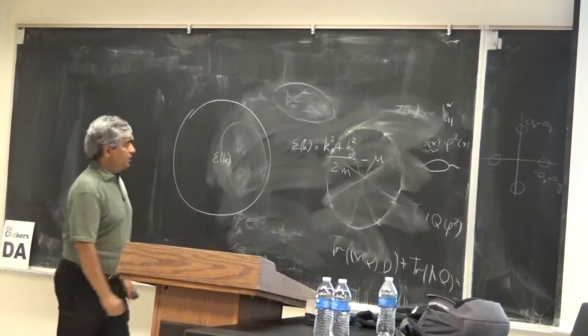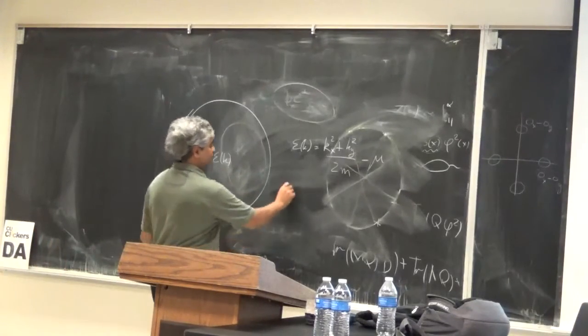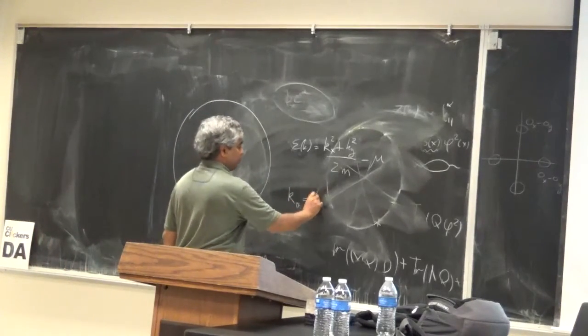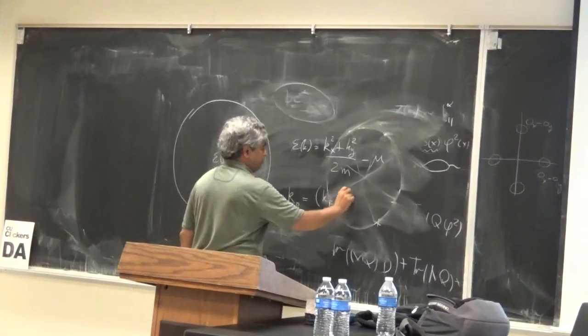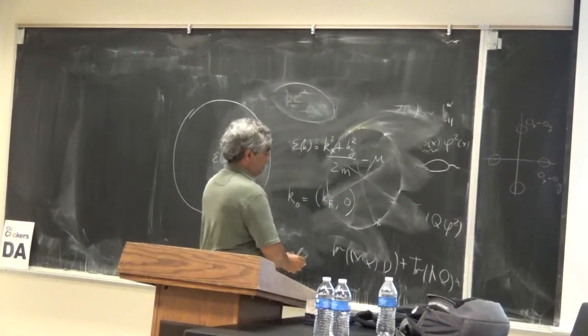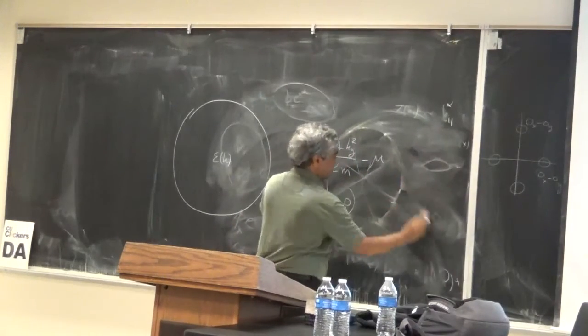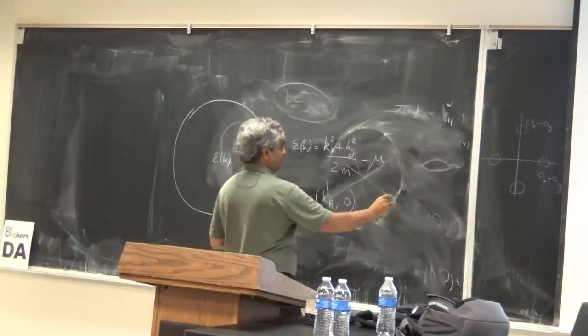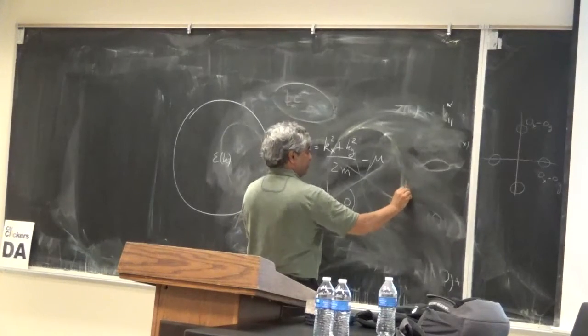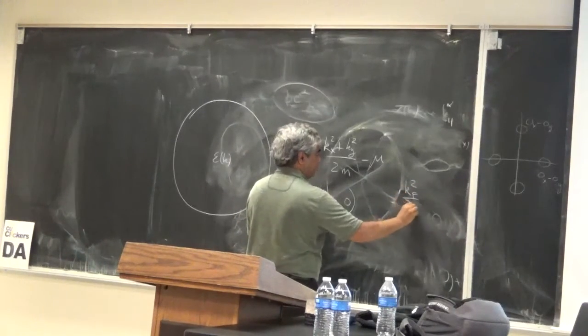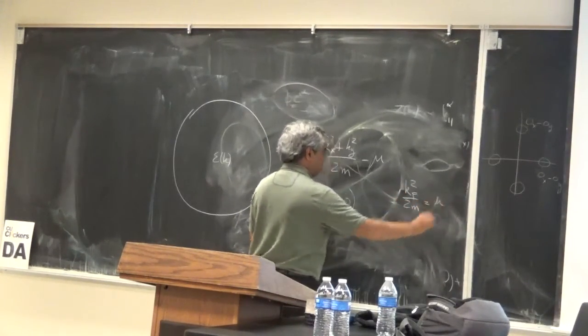Okay. So let me pick some point k naught. So let's take k naught is equal to kf, 0. And in this case with the mu, since the energy must vanish at that point, that tells me that kf squared over 2m is equal to mu.